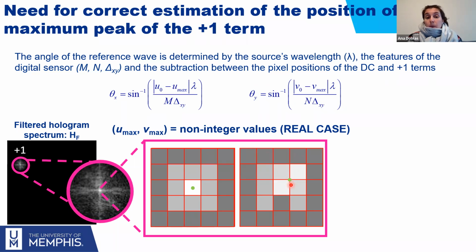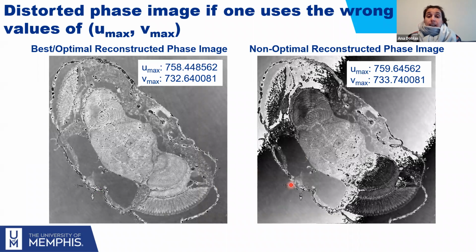So we need to find a method where we can estimate non-integer values and give us accurate quantitative phase imaging. And this is an example, like this image. We are seeing here that the values that we are using are definitely non-integer values, but this value gives us a uniform background, with minimum phase distortions.